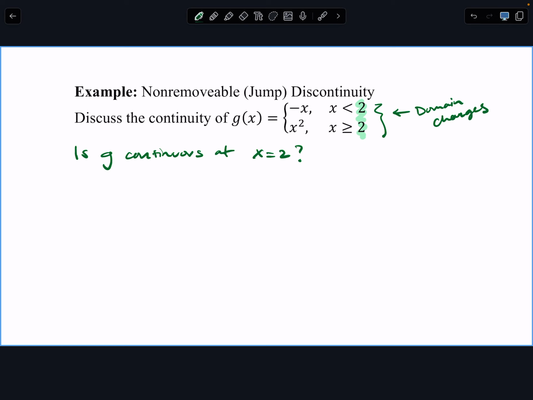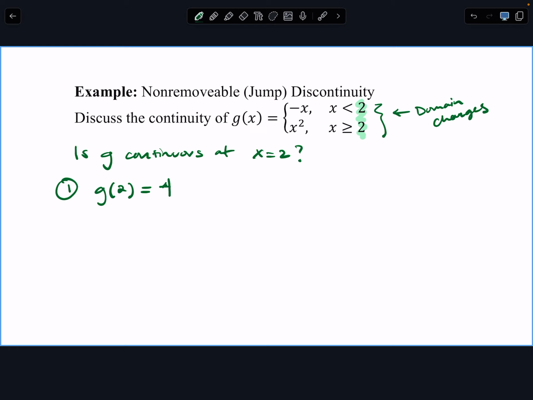So using the definition of continuity, we're first thinking, well, what's g of 2? What is g of 2? 4. And we decided to plug 2 into the x squared because 2 is included in this interval, right?